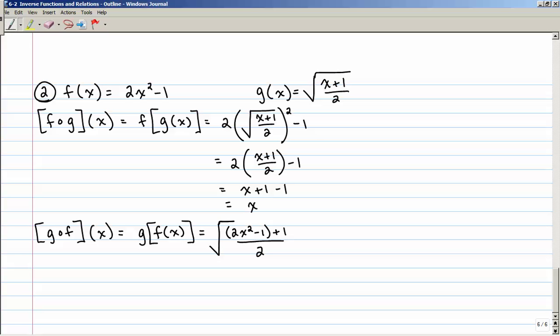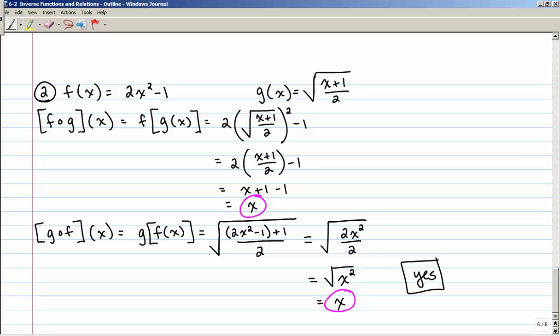I don't really need the parentheses here, so those cancel each other out. So I have 2x squared minus 1 plus 1, which is 2x squared, over 2. My 2's cancel each other out, so I'm going to end up with the square root of x squared, which is just x. So yes, these are going to be inverses of each other.